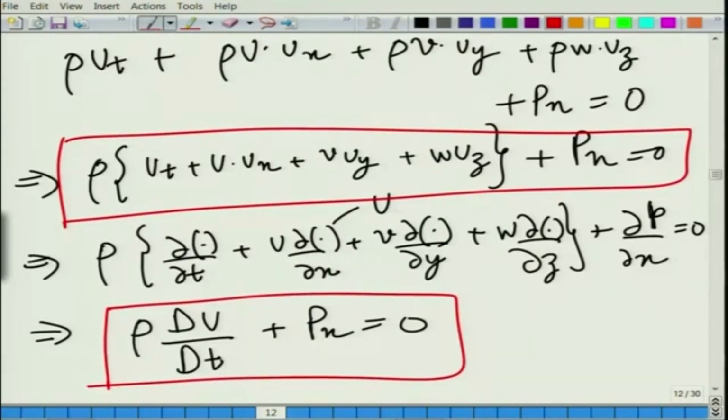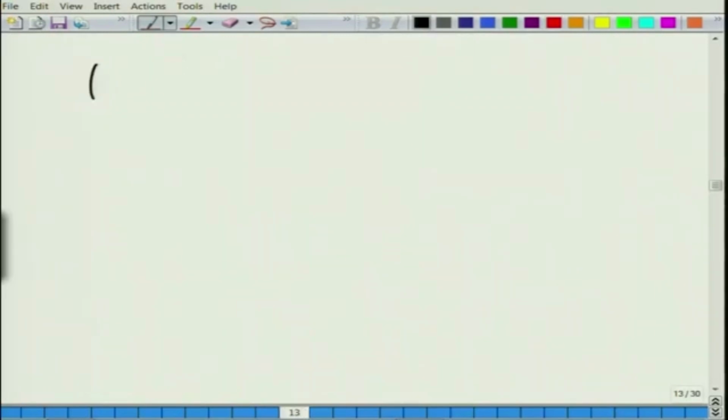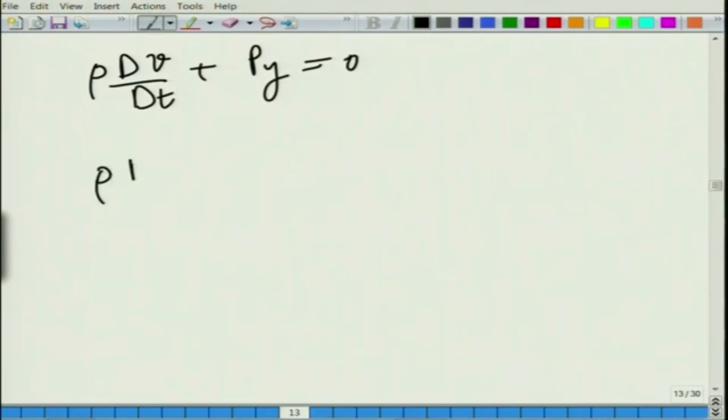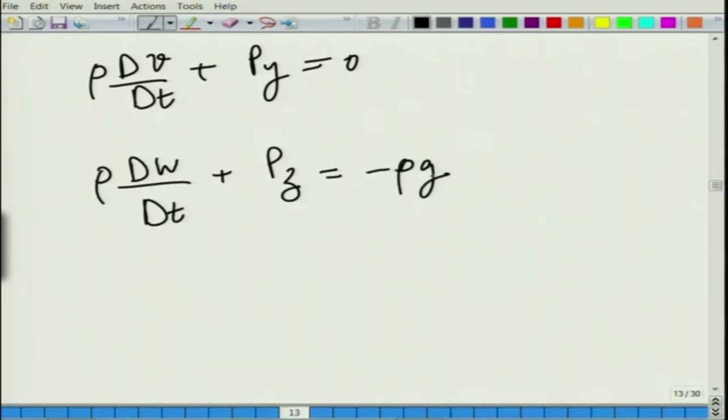Similarly, after this little bit of rigorous work, we will get the momentum equations along the y direction as rho d dt of v plus p y is equal to 0, and along the z direction it is given by p z. Now, actually this would be 0, but if you consider gravity, like I said, it will be minus rho naught times g, because this is the body force, remember, but we will probably ignore it in this course. So, we will set these things to 0.